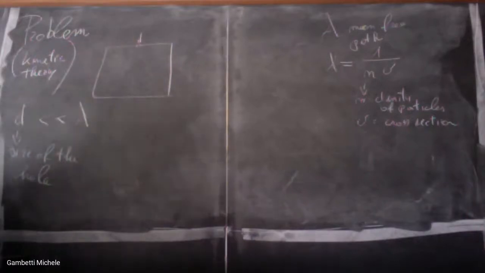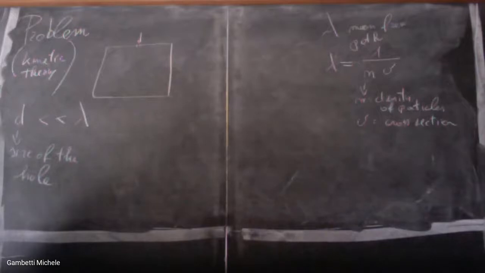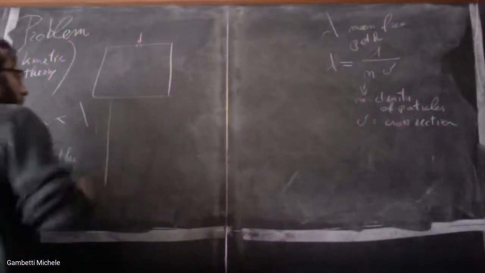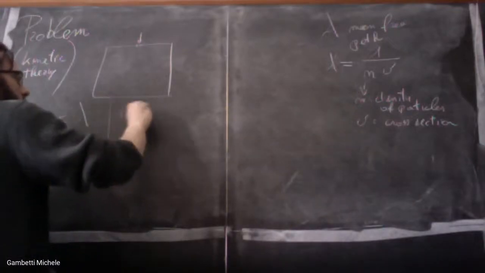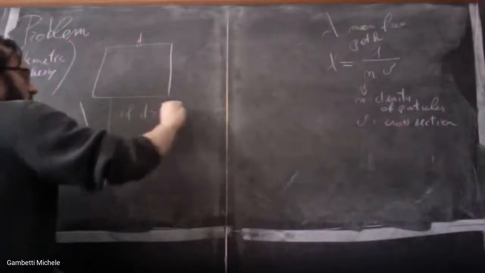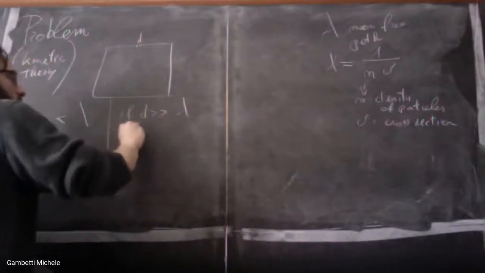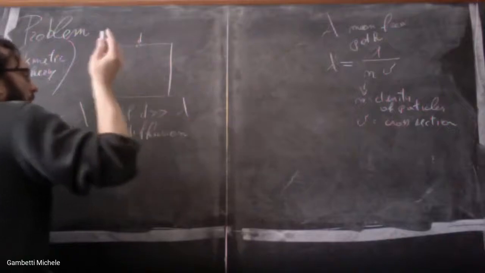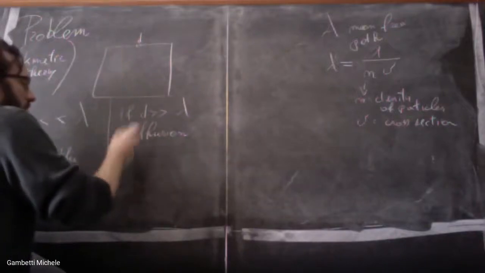And so the mean free path is very important when dealing with such problems, in the sense that if the size of the hole is much larger than the mean free path, let's start from this, you will have a process of diffusion. So if D is much larger than lambda, you will have just a diffusion, or if you want, it's just a free expansion.